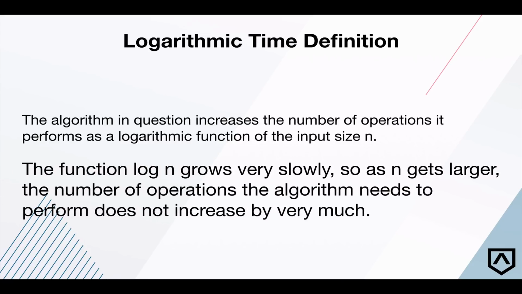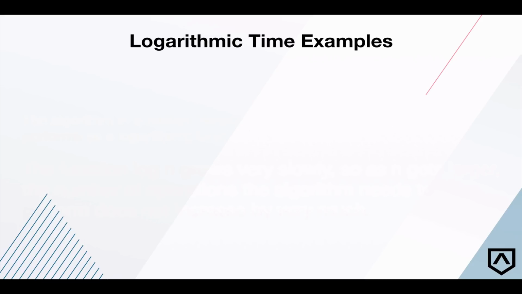Intuitively, as the input size increases, the number of operations is not going to grow very quickly, because the function log n essentially tapers off. So as n gets really, really large, log n is not going to increase by very much. This is kind of the next best thing we can get after constant time.